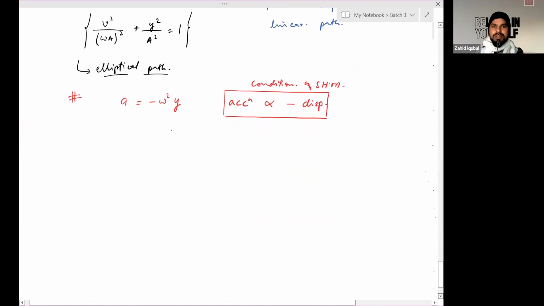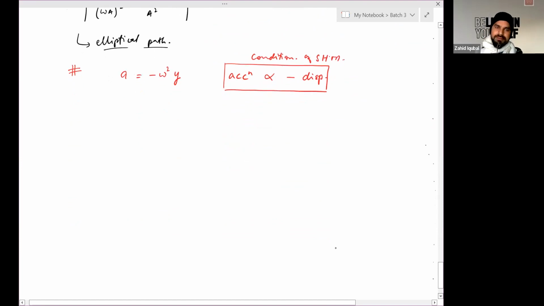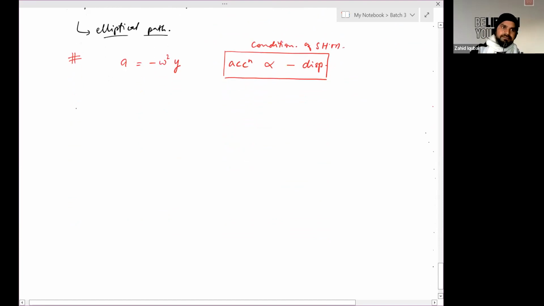Now you will be asked to derive the general differential equation of SHM. So how to define it: displacement equals A times sine omega t. On differentiating, dy over dt is omega times A cos omega t, the expression of velocity.